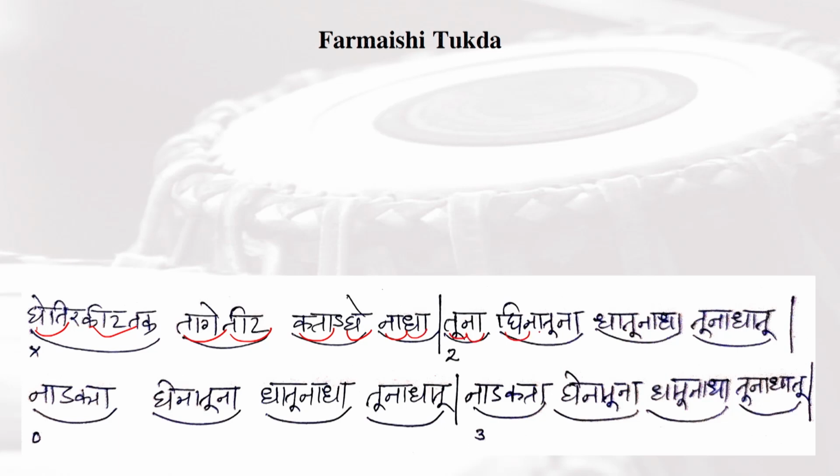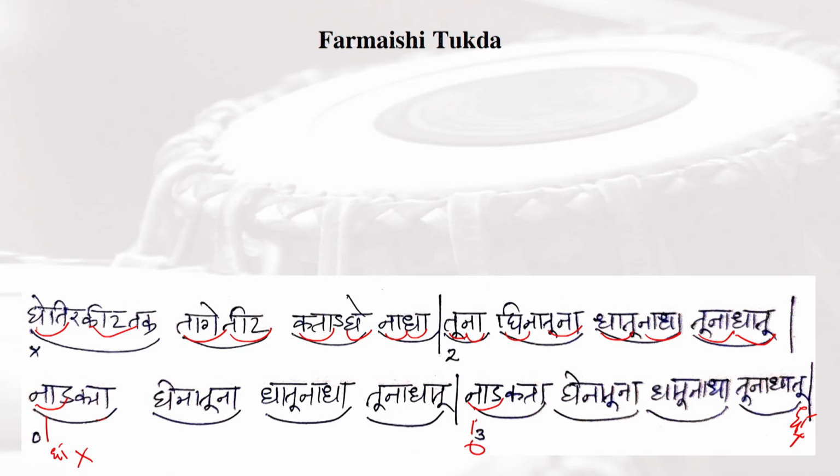If you convert this tukda into 32 matras, you will find that this is the first dha, gena tu na dhatu na dhatu na dhatu na, kata gena tu na dhatu na dhatu na dhatu na, and this is the second dha, and after this it will end on the sum. So it will come on sum, it will come on khali, and again on the sum.